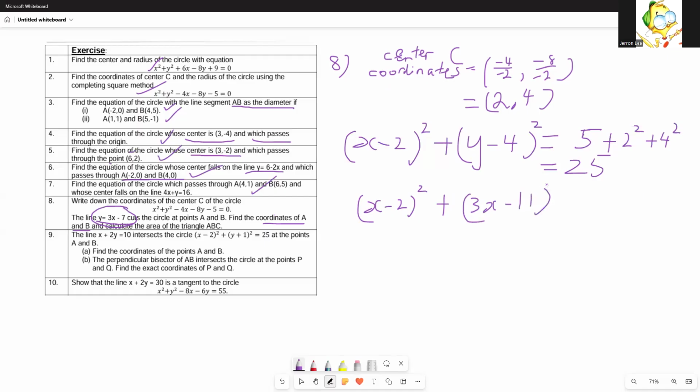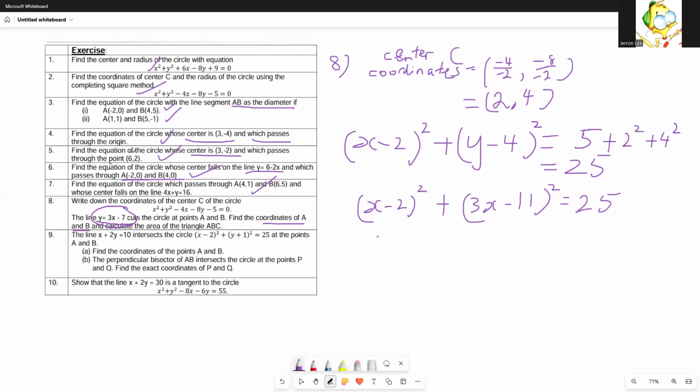Okay, hope everything is okay with you guys, huh? So this is equivalent to 25, okay? Now, obviously, there will be two values. One of them representing the coordinates of A, one of them representing the coordinates of B. All right, so please understand.